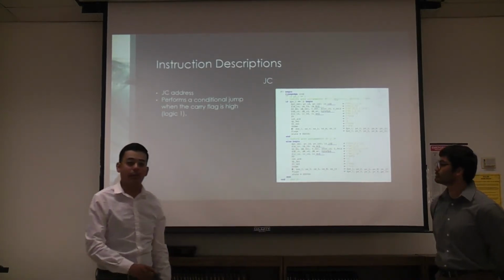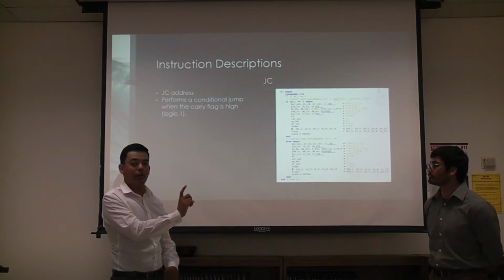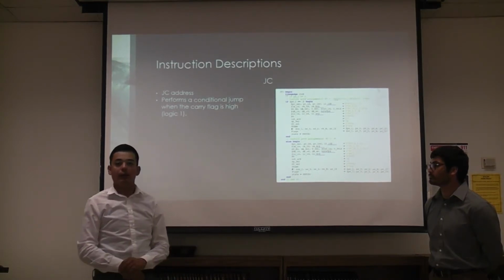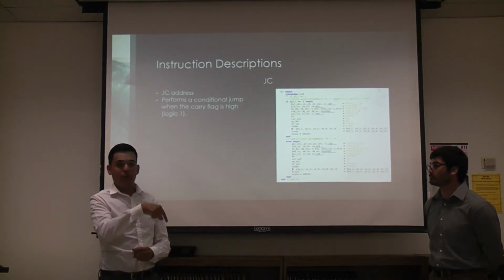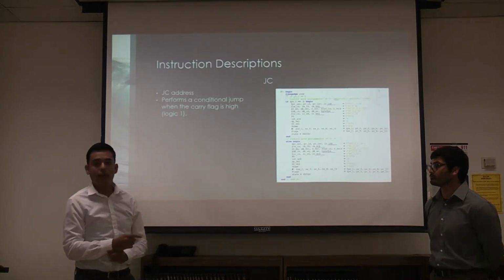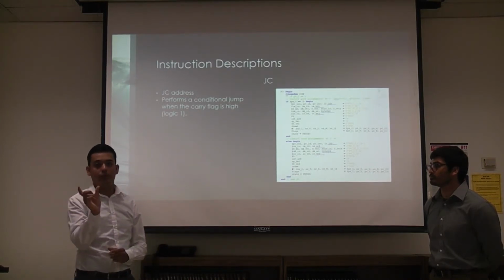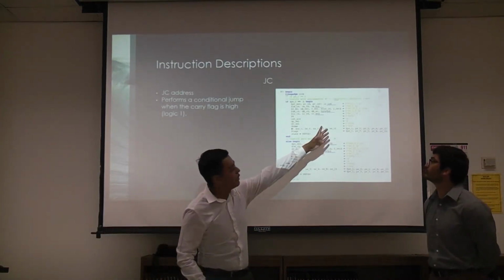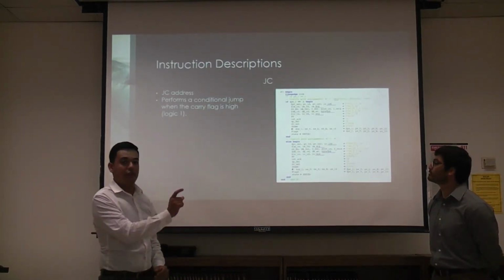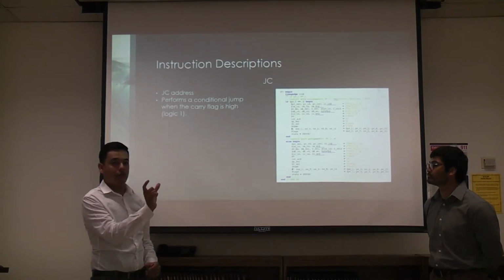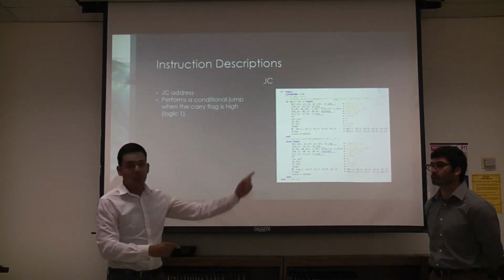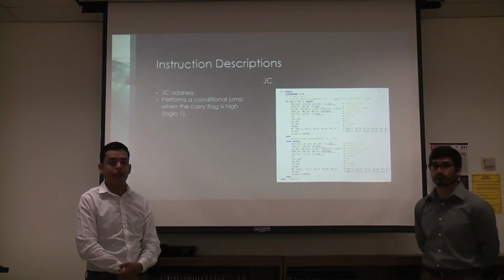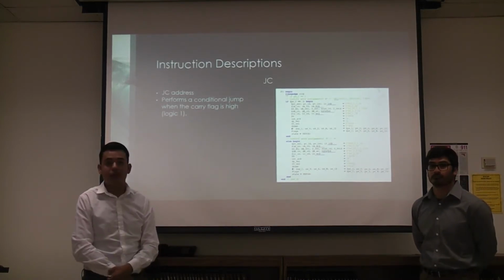We added an input to our PC select mux that will input into the program counter the 20-bit address, the offset by 2, and the 10 bits from the program counter. So that's where these 2 bits, the 1, 1, I know it's kind of hard to see, but that's where it's selecting that segment of bits. So just the select and PC load change, yes, just select and PC load.